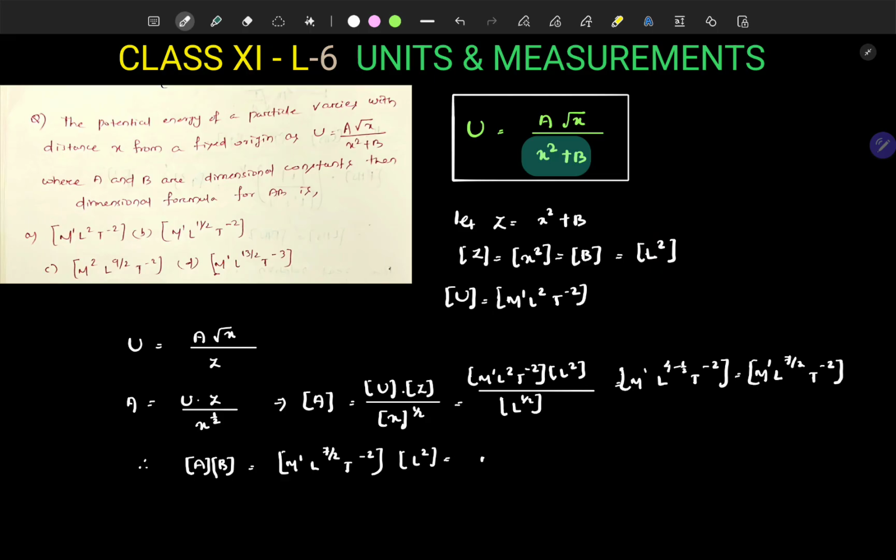That means we have M power 1 L power 7 by 2 plus 2, T power minus 2, and 7 by 2 plus 2 will be 11 by 2. So our answer is M power 1 L power 11 by 2 T power minus 2. So option B is our correct answer. I hope it is clear to all of you.